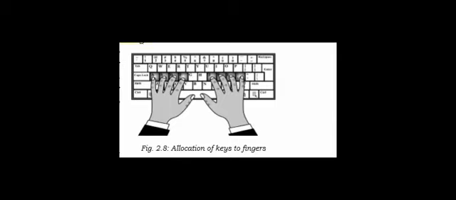Children, the keyboard learning process starts from the second row, that is the home row, followed by the third row, this row on the top of the second row, then the first row, this row, and then the fourth row, this row.